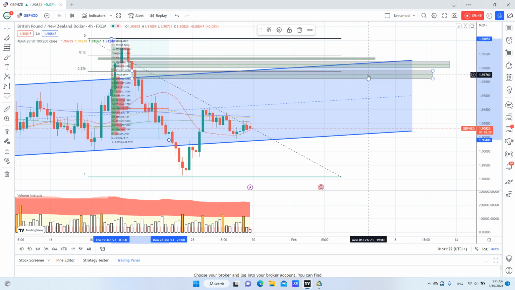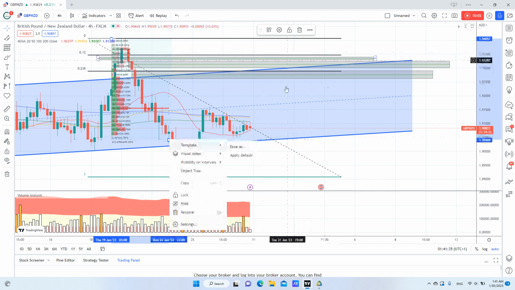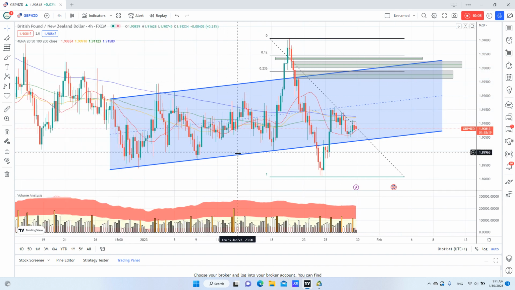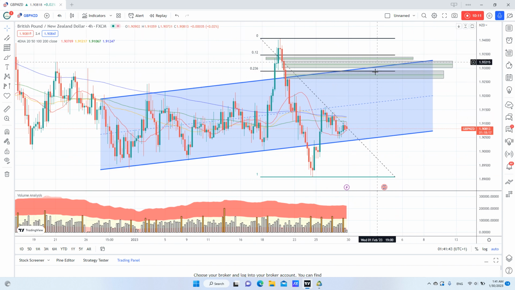So I think it may react from this level, the 77, where I will be entering my trade. Of course, it's better to see a reversal sign, maybe a bearish engulfing on the 4 hour chart, or a daily reversal candle.